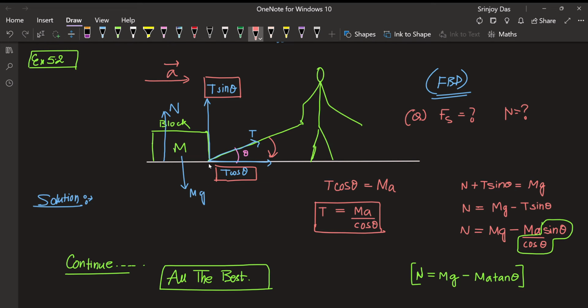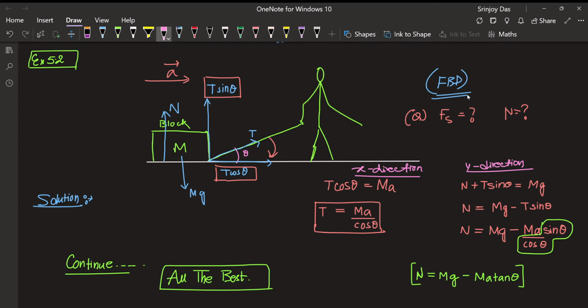So now we can write the free body diagram in the x direction and y direction. It is the x direction, and this is the y direction.